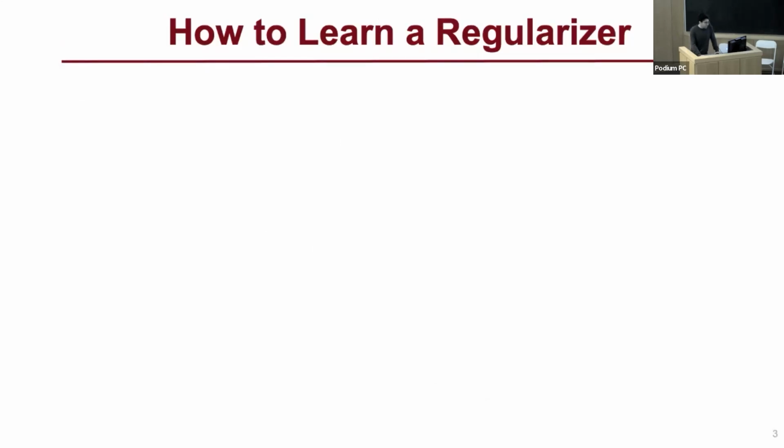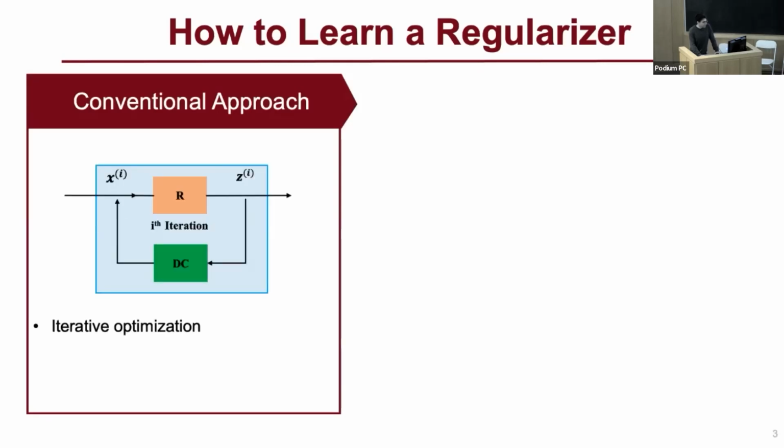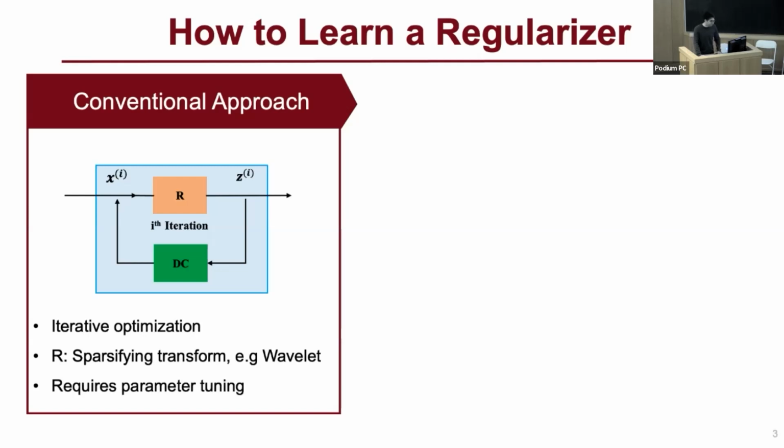Well, in the conventional methods, what we do is iterate between a regularizer and a data consistency unit until we hit a stopping criterion. And this regularizer is often a fixed linear sparsifying transform, such as wavelet. And we learn parameters such as the penalty one by hand tuning.